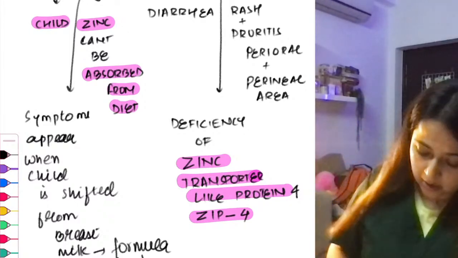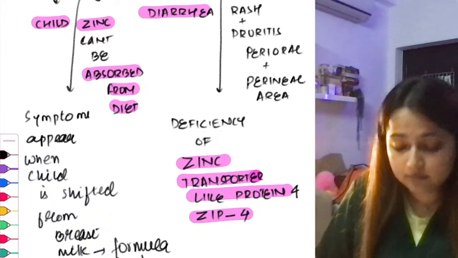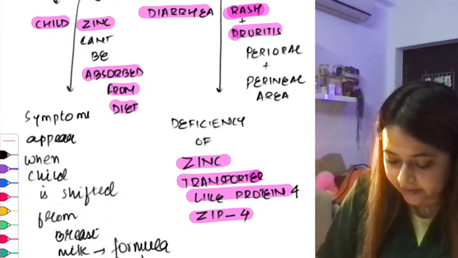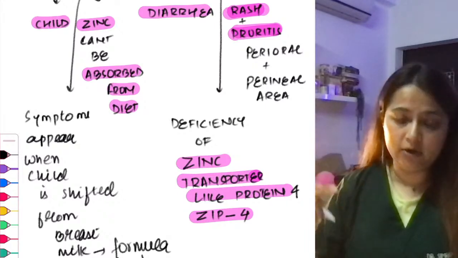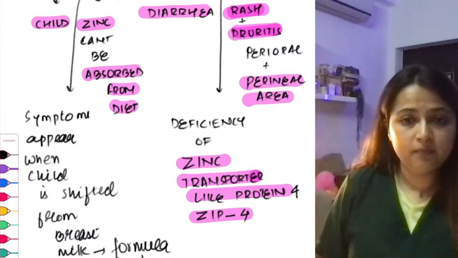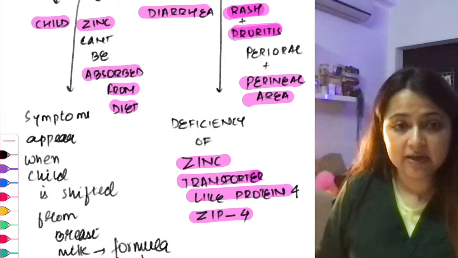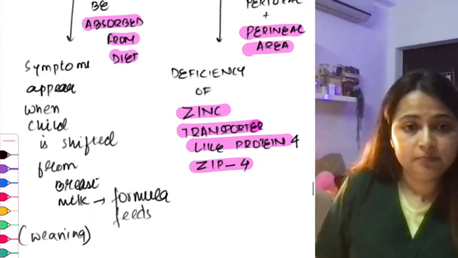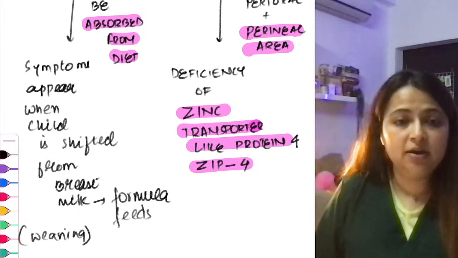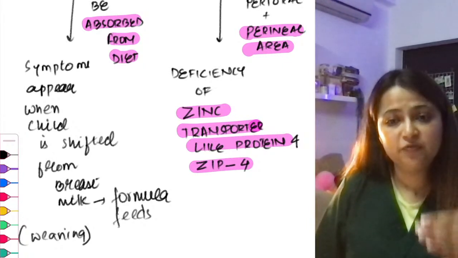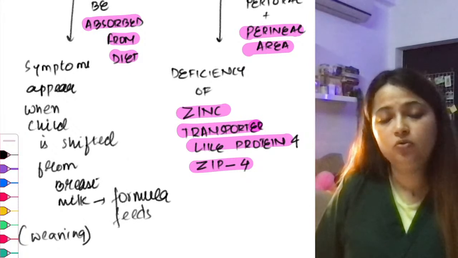Okay, now the patient will be having diarrhea and a pruritic rash. This rash could be present in the perioral region or it could be present in the perineal area. As shown in this picture, this is the perineal area. All right. Now, what is the important hint that has to be given in the question? The important hint is that the baby was being shifted from breast milk, okay, to formula feeds.